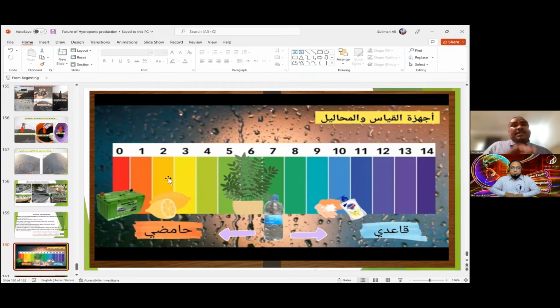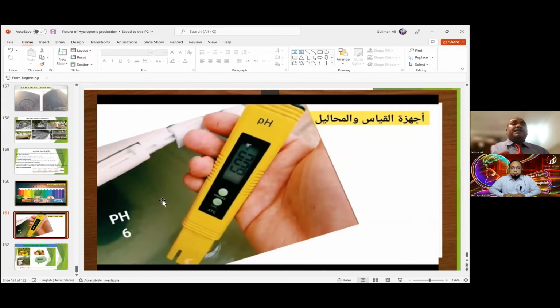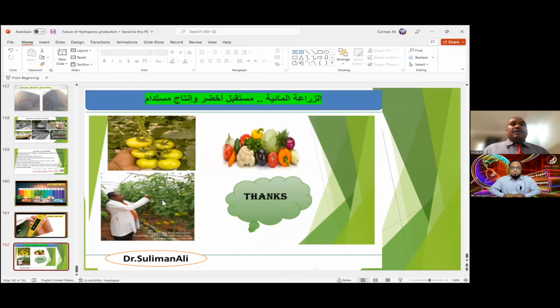If the pH goes down to 4.5, it will be like a lemon. So it's not good for the plant, and the plant can suffer deficiency of the elements. This is the measurement of how to adjust the pH.